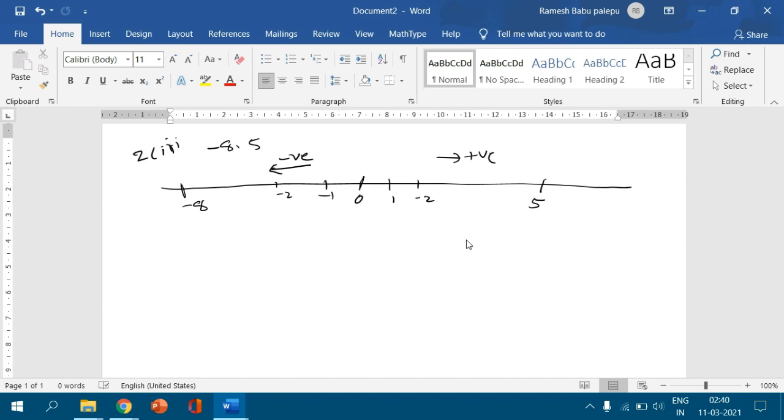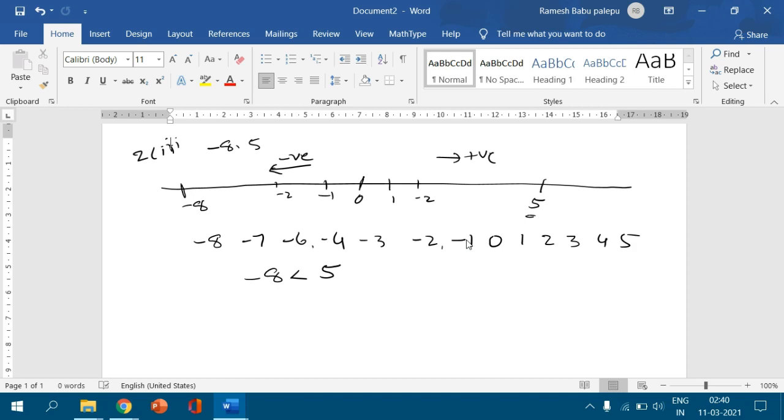We are going to write all the integers between -8 and 5 including these numbers, that is -8, -7, -6, -4, -3, -2, -1, 0, 1, 2, 3, 4, 5. And we know, friends, that -8 is very much less than +5, right?